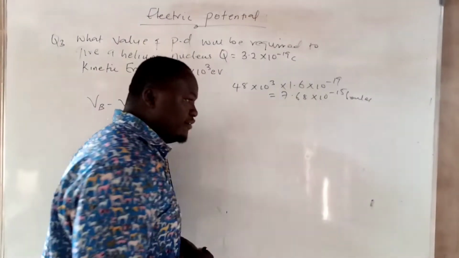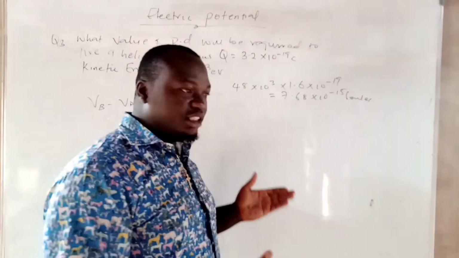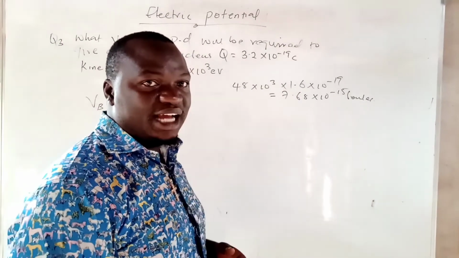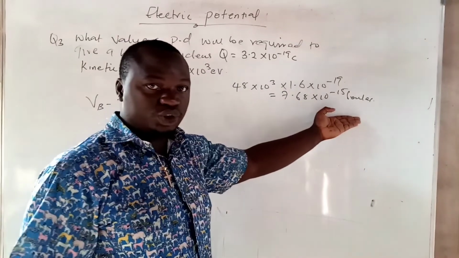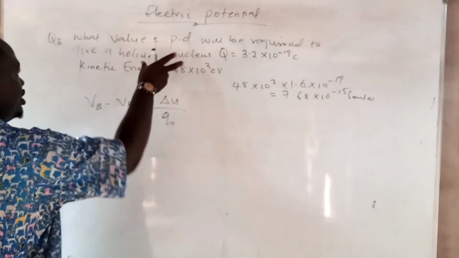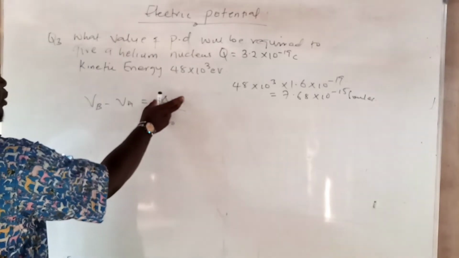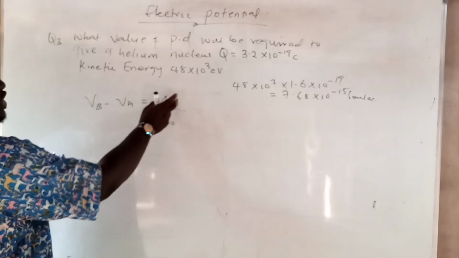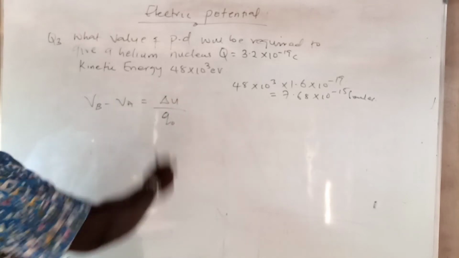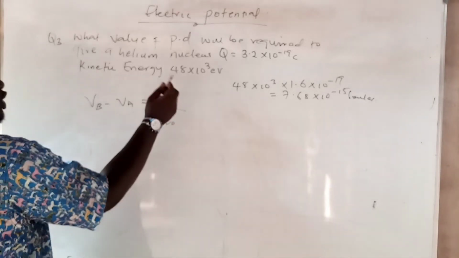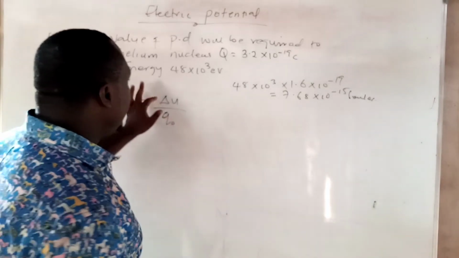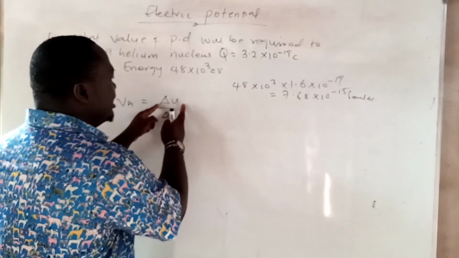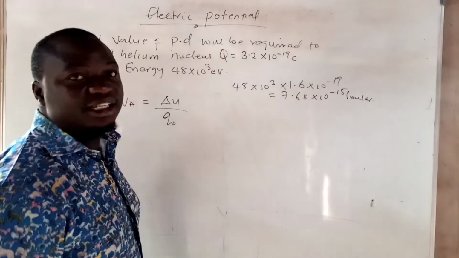Remember, in physics, when two quantities have the same SI unit, they are the same. The kinetic energy is measured in joules, and the change in potential energy is also measured in joules. In this question, they did not name the change in potential energy, but because of the SI unit, they are the same.